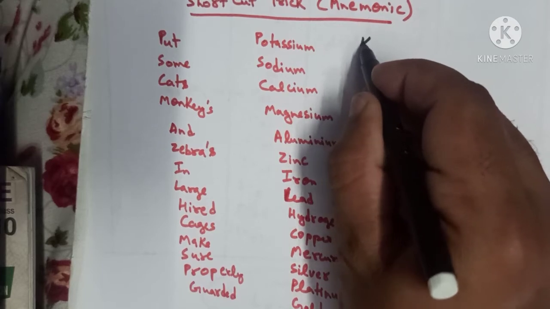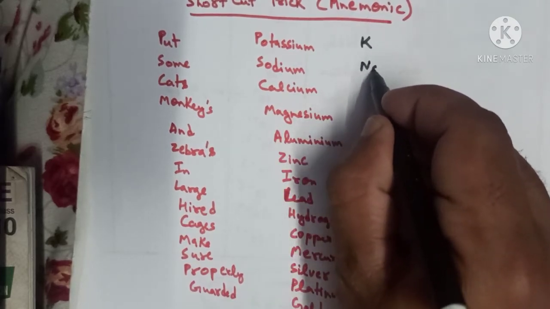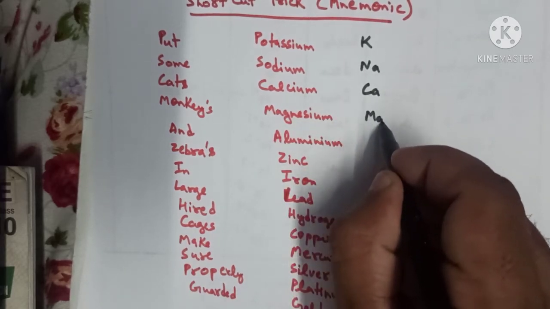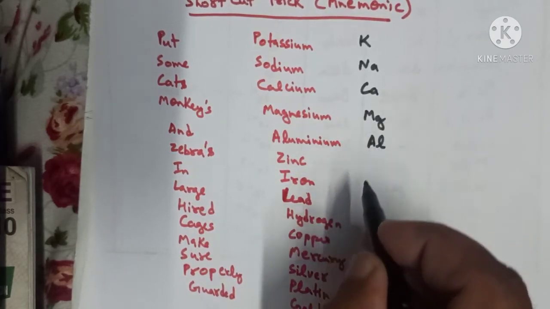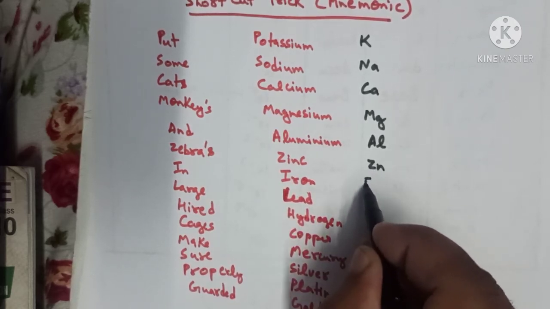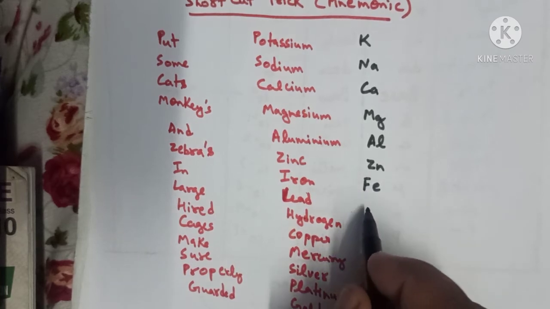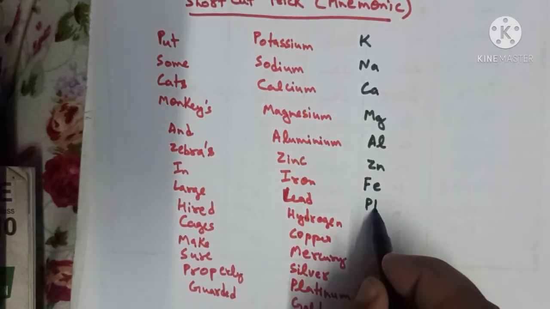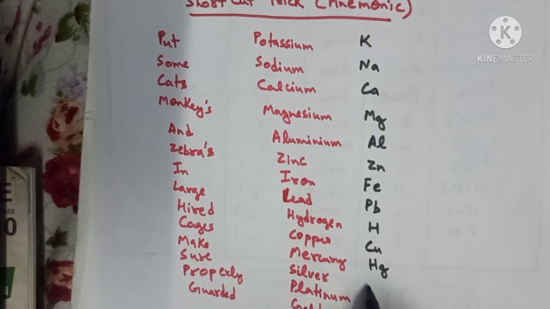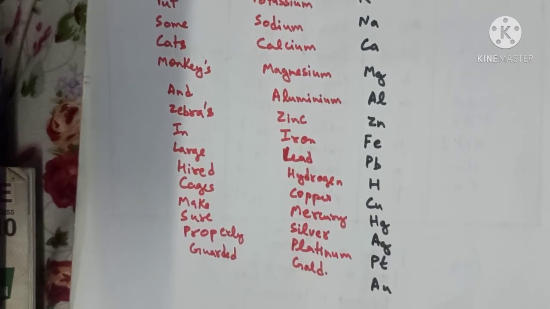Potassium is K, sodium is Na, calcium is Ca, magnesium is Mg, aluminium is Al, zinc is Zn, iron is Fe, lead is Pb, hydrogen is H, copper Cu, mercury Hg, silver Ag, platinum is Pt, and gold is Au.